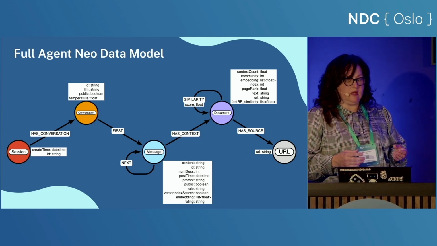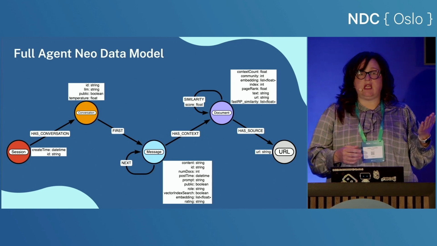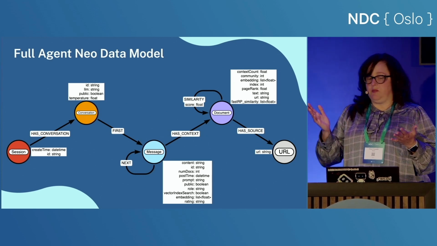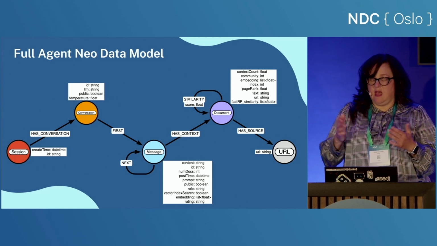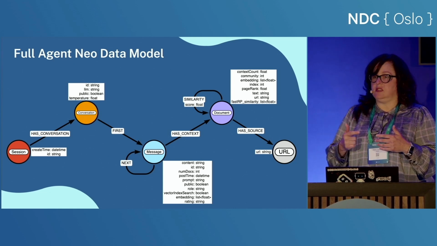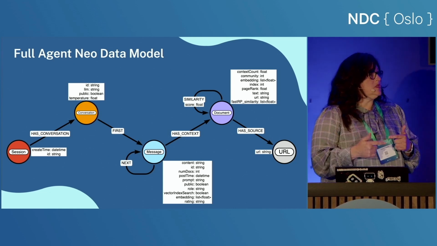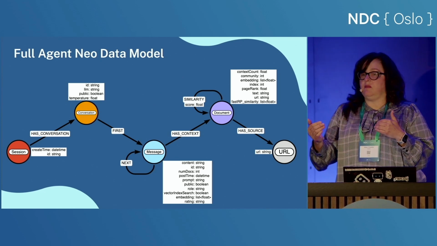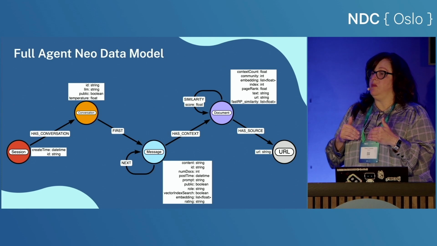So someone will initiate a session, which we see all the way on the left. That session will have a particular conversation, and then there'll be a series of messages. When that prompt is put in, it'll hit the database and those context documents will be returned.